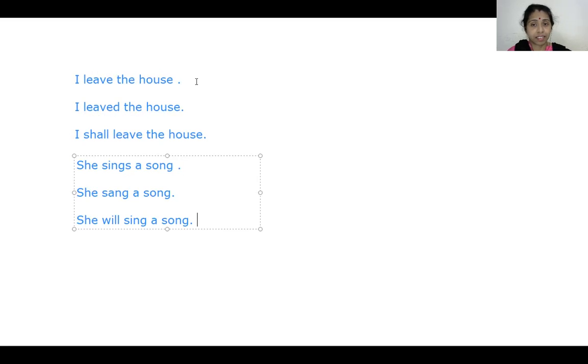Here I discussed three tenses: present tense, past tense, and future tense with this example. Hope the concept of the tenses is now clear to all of you. All of you will read the textbook, page numbers 50 and 51, at your home.